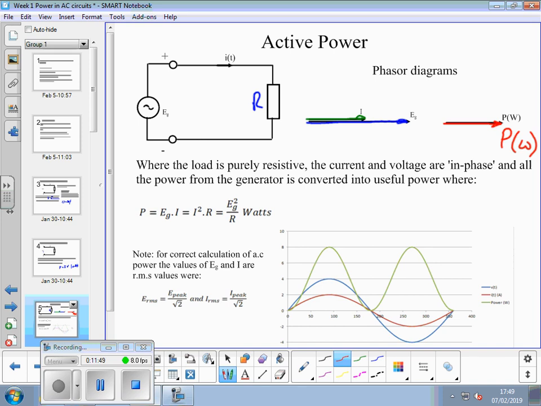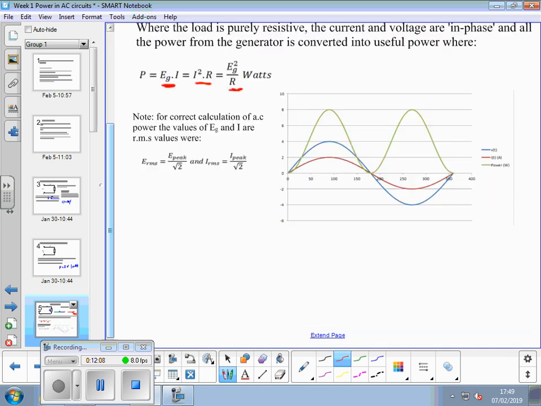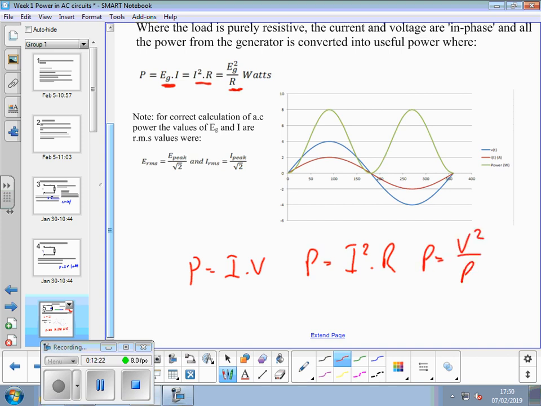We can do P is equal to the generator voltage times the current, or we can do I squared times R, or we can do the generator voltage squared divided by R. They're the 3 power formulae that you ought to be useful with: P is equal to I times V, P is equal to I squared times R, or P is equal to V squared over R.